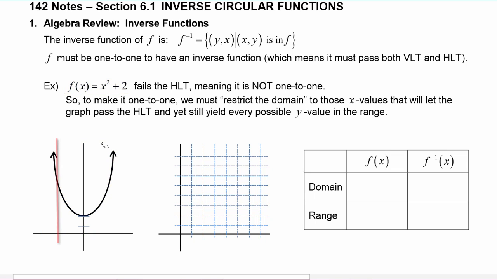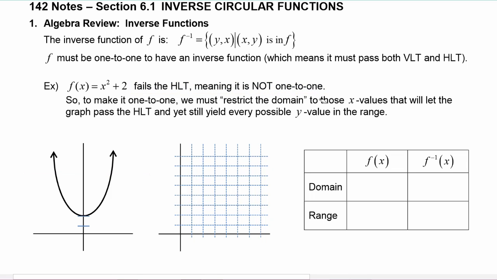It passes the vertical line test, so we know it is a function, but it fails the horizontal line test, meaning a horizontal line passing through the function hits it in more than one point at a time. Since it fails the horizontal line test, that means it is not one-to-one.